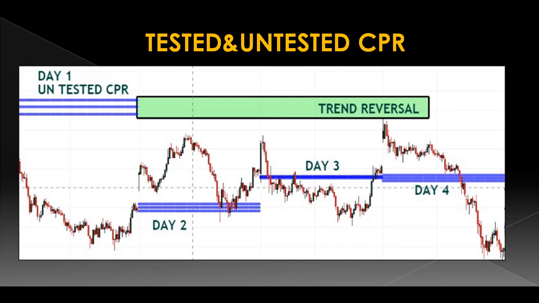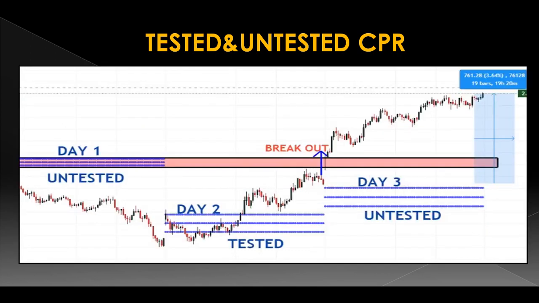We'll see one more example. Here I have marked day 1, 2 and 3. Here day 1 is untested and day 3 is also untested. What happened? This day 1 untested CPR was tested by day 2 at the end of the market.